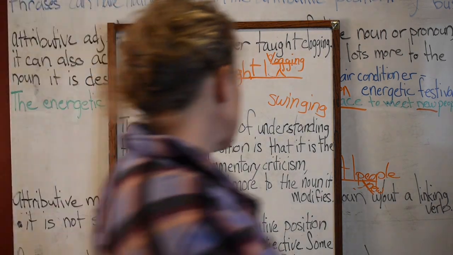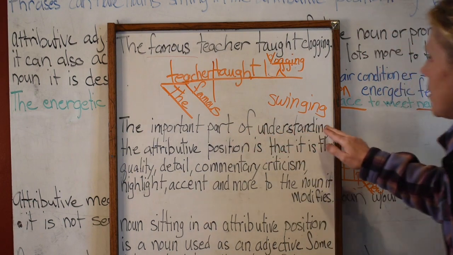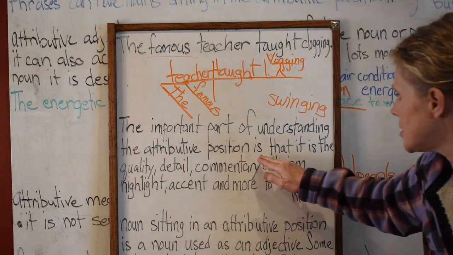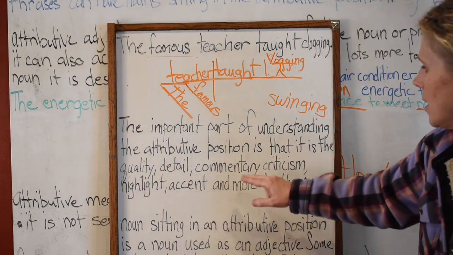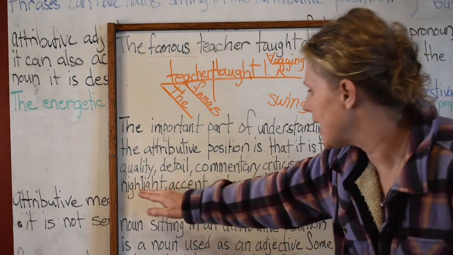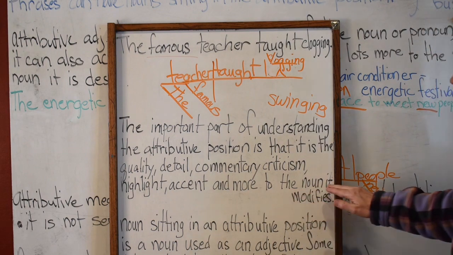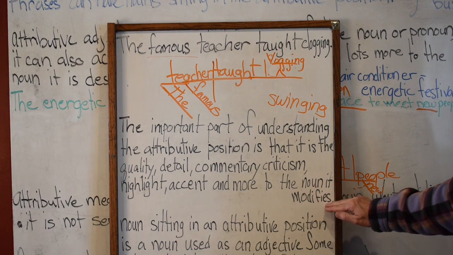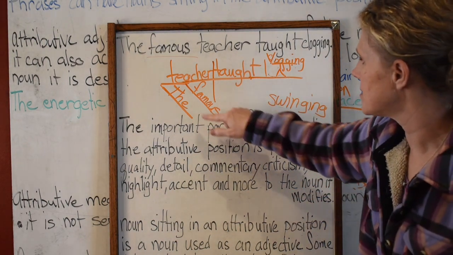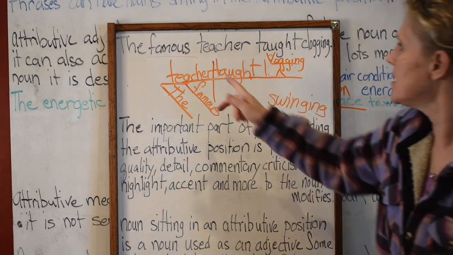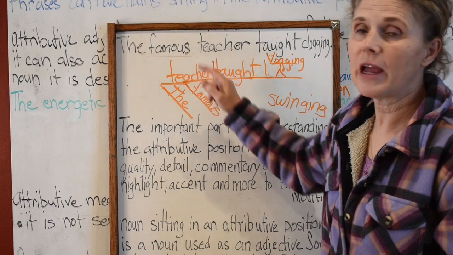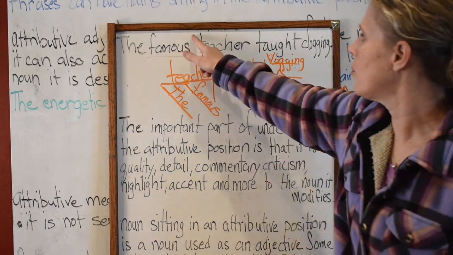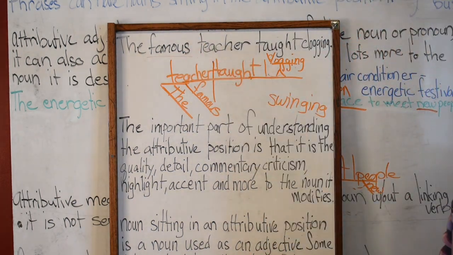Okay, I'm going to switch places over here. The important part of understanding the attributive position is that it is the quality, the detail, commentary, criticism, highlights, accent, and more to the noun it modifies. So we're accenting things. It's the famous teacher. See how famous is right next to it? There's no linking verb separating it, right?